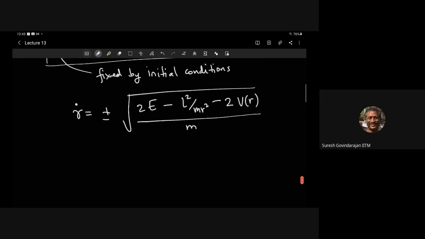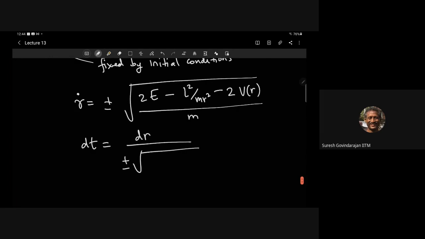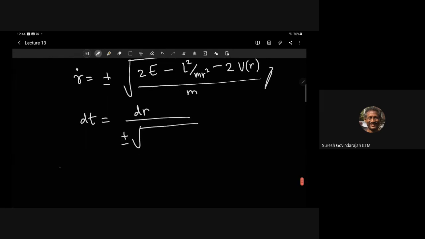So now we can solve this. Of course, there is a sign which we have to fix, but that's okay, it depends on where you are in the orbit. So this can be written as dt equal to dr divided by the square root, plus or minus, of whatever that complicated thing is, but that's a function only of r. There's no time sitting out here. So you can formally integrate it.